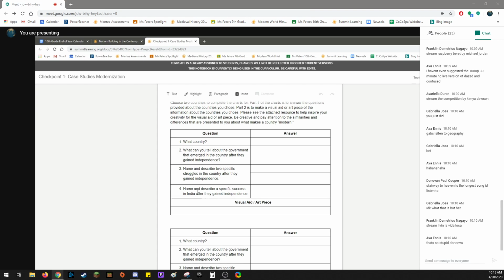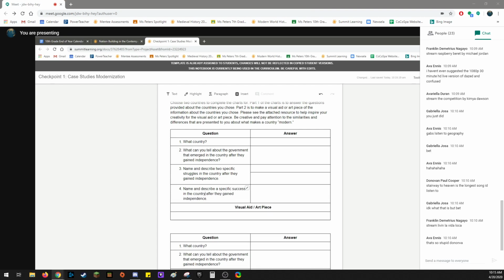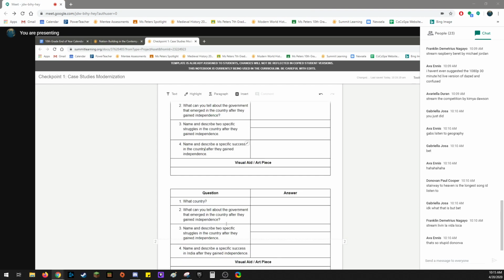You know what? We can just change this right now. I don't know if it'll help, but name and describe a specific success in the country after they gained independence. Just really, what were they successful at? Were they able to establish voters' rights, so that everybody who is eligible to vote could and was able to vote?